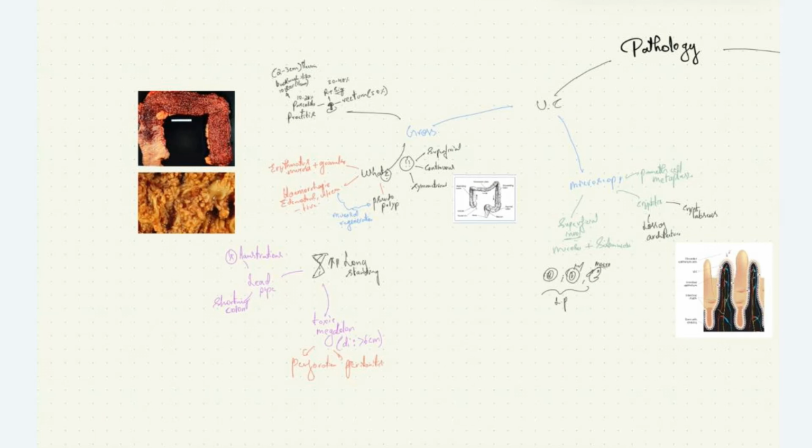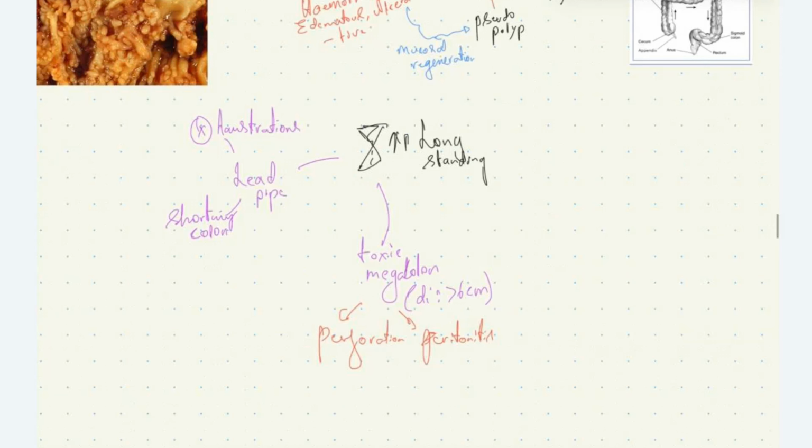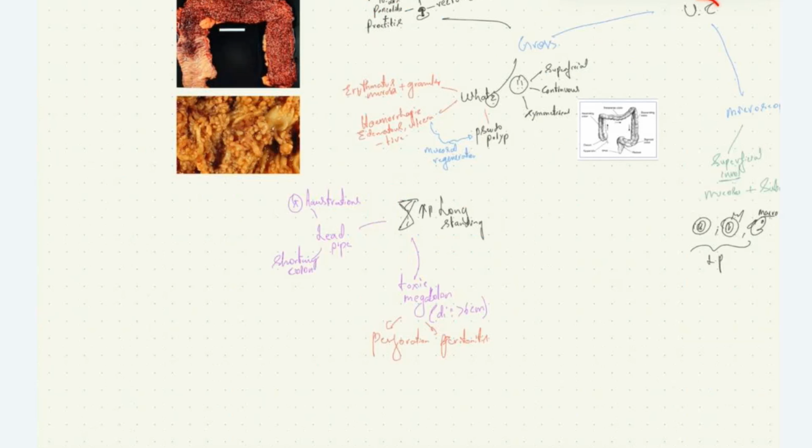In long-standing cases, where the patient has had ulcerative colitis for many years, we have a characteristic lead pipe appearance on radiography, where the haustrations are lost. The normal haustrations of the colon are lost. Along with that, due to fibrosis, there is shortening of the colon. That is called lead pipe appearance seen in ulcerative colitis.